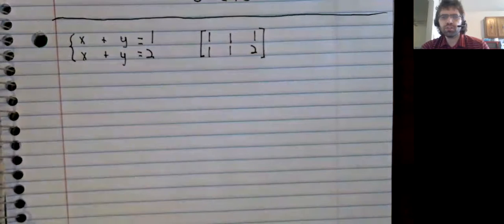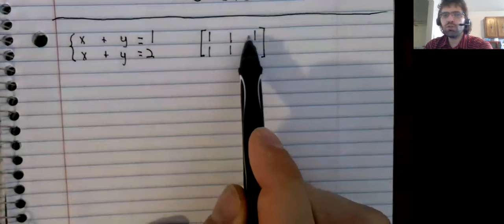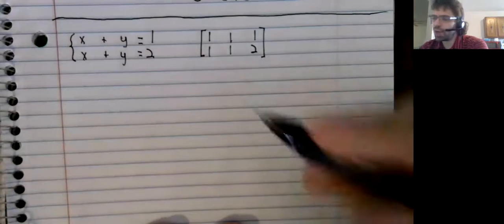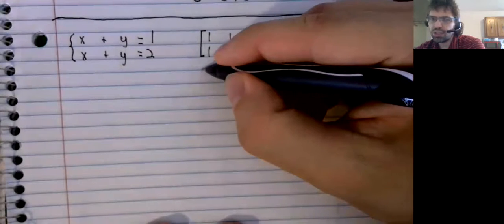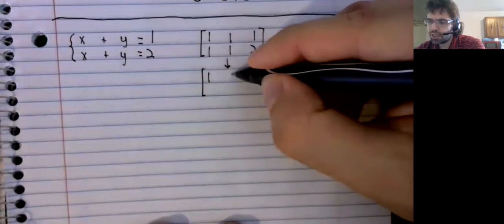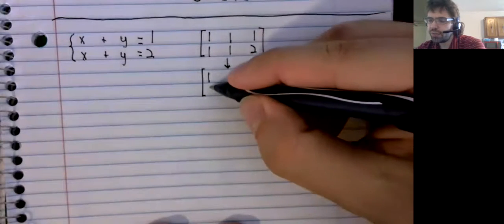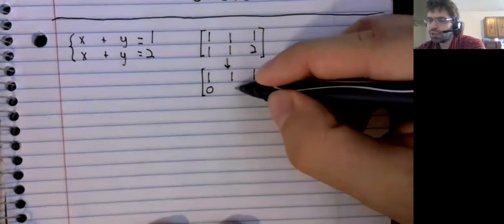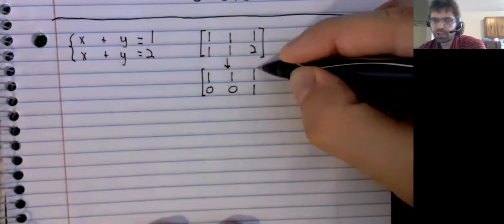However, the first step of Gaussian elimination will be to multiply the first row by -1 and add it to the second row, giving 1, 1, 1, 0, 0, 1.